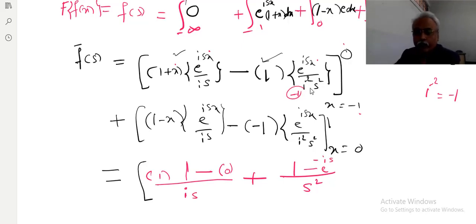So we substituted upper limit minus lower limit. This entire first part, the minus 1 to 0 part, is over. Now the next part: you should be a little careful.